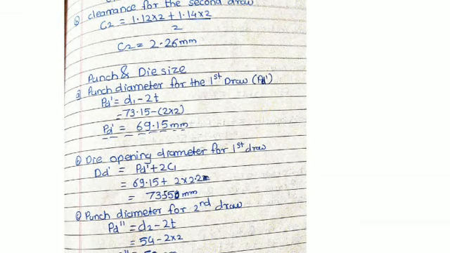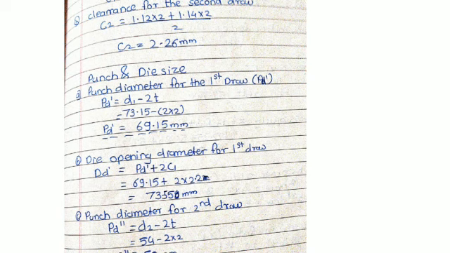Then the die opening diameter for the first draw. These are simple formulas we have to remember. DD1 is equal to PD1 plus 2 into C1, where PD1 is 69.15 plus 2 into C1, 2.22, which we can take as approximately 2.2. Therefore, DD1, the die opening diameter for the first draw, is 73.55 something millimeters.